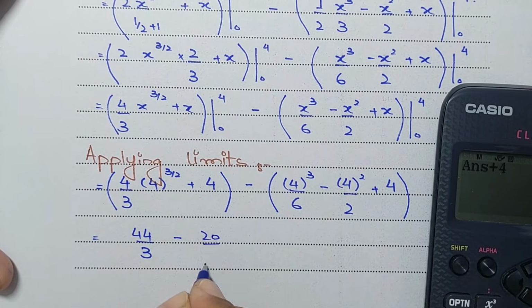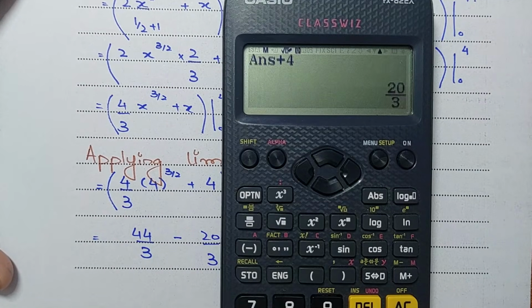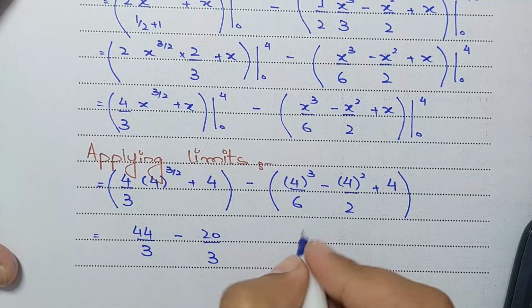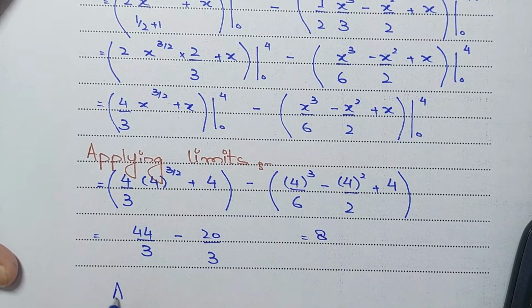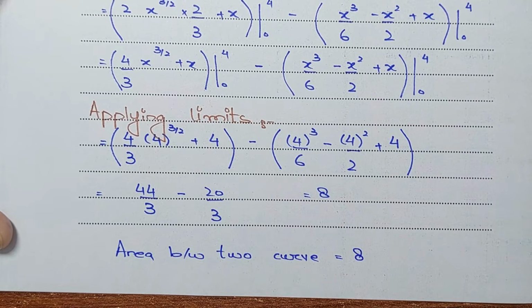Negative 20 divided by 3. So 44 divided by 3 minus 20 divided by 3 is just 8. So that area is 8 units. So area between two curves is 8 unit square.